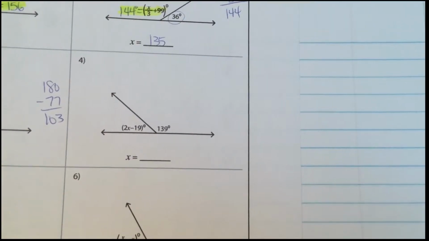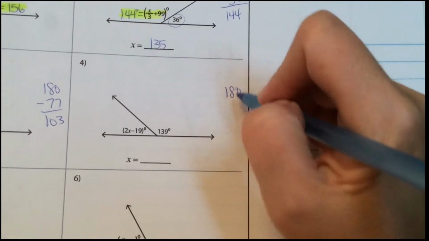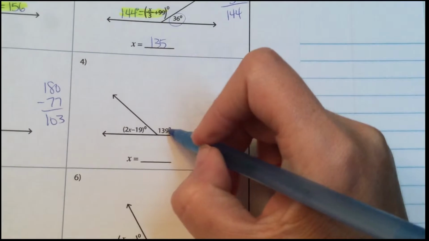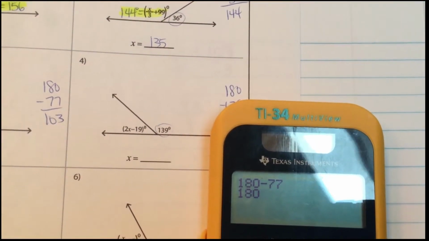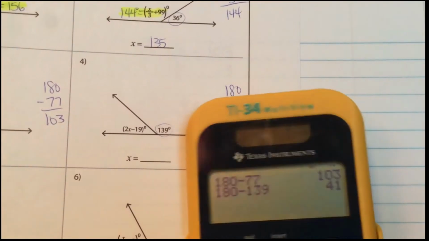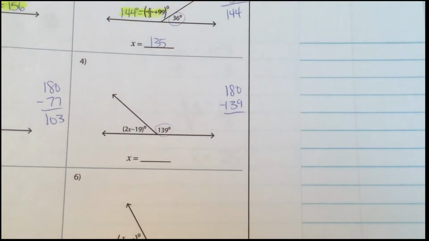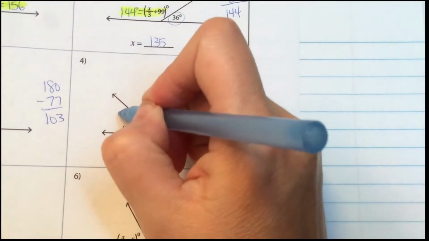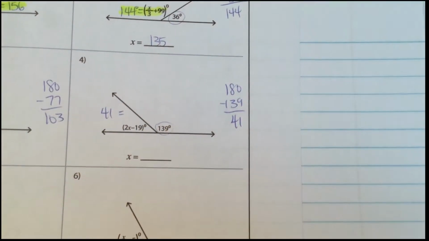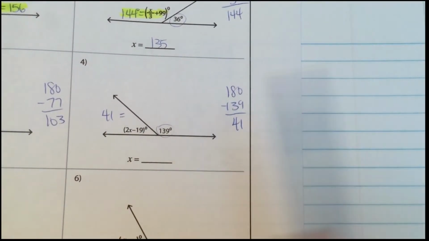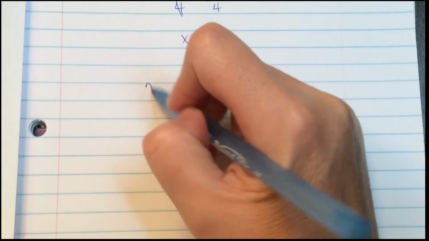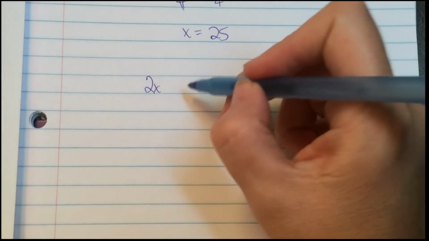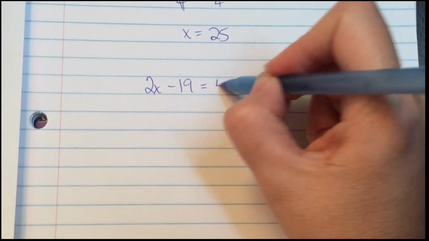Okay, number 4, start with 180 and subtract 139, the known angle. And the other side is 41 degrees. And then I set up my equation and I solve. So I have 2x minus 19 equals 41.